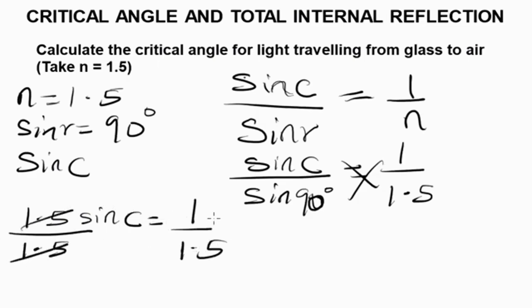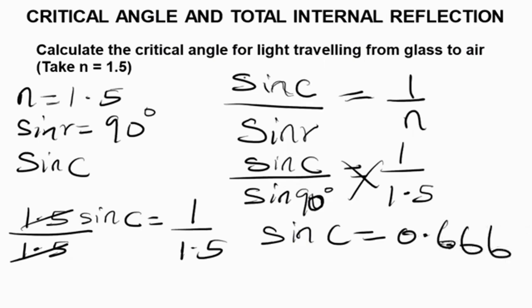Please cancel this, so we are left with sine C equals 1.5. So when you break this thing down, you're going to have sine C equals 1 divided by 1.5. You're going to have 0.666. Let's leave it at 3 decimal places.